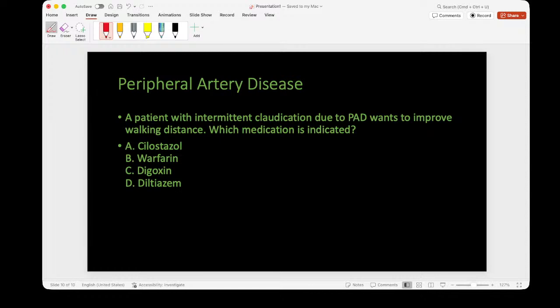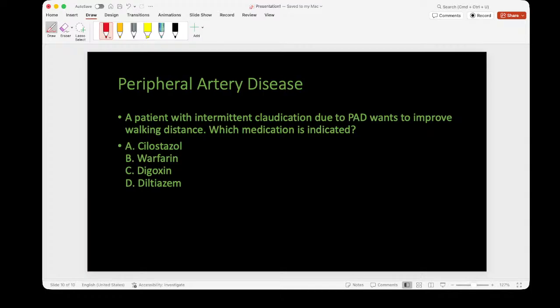Warfarin, on the other hand, is going to more likely lead to a reduction in clotting factors, and in this case, you're not trying to break up the clots in the blood.